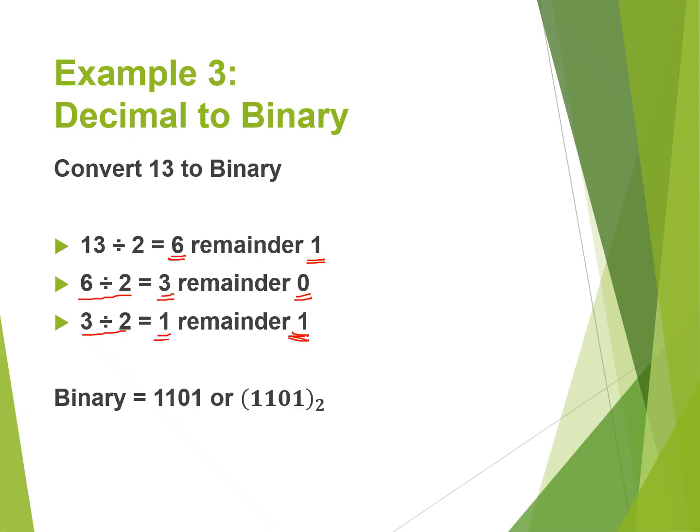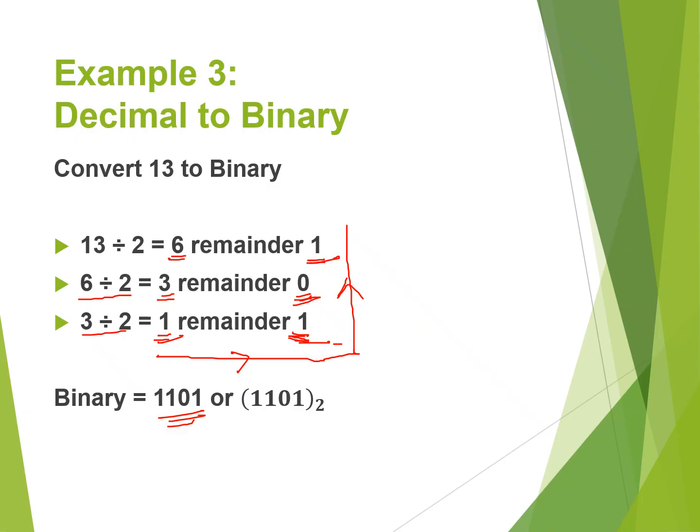I have got my remainder 1. I'll stop here. Now, how do I read? From bottom to top. My direction of reading the binary number will be 1, 1, 0, 1. So my answer is 1101.